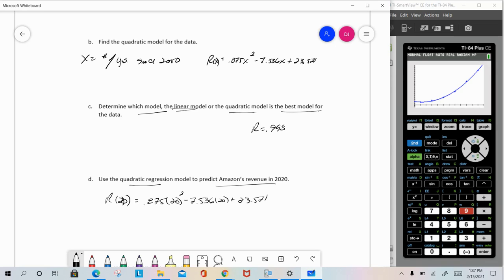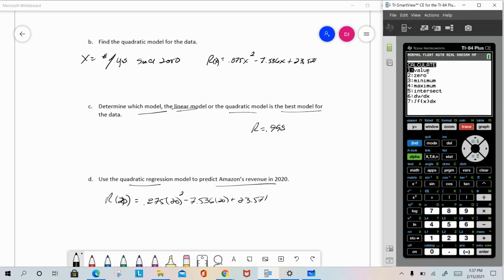And you can do that on your home screen, but remember, I also showed you can go to second calc and select number 1 to find the value when X is 20, because X is 20 years after the year 2000. But again, our calculator is screaming at us because we're wanting to go up to 20.